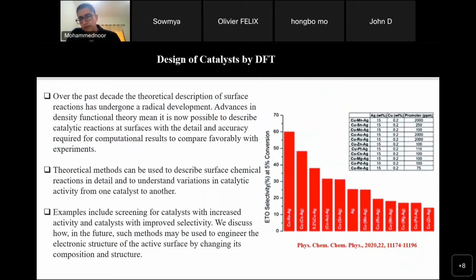So we do the experiment in DFT, and we shortlist the catalysts that might give us optimum performance. Then once we determine those promising catalysts, we can go to the lab. So DFT saves money in this perspective.